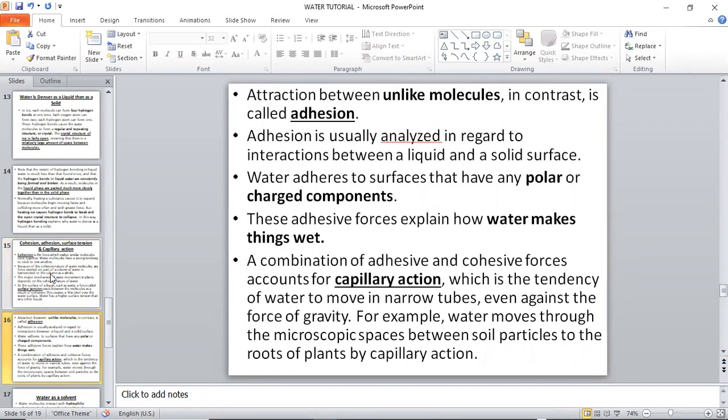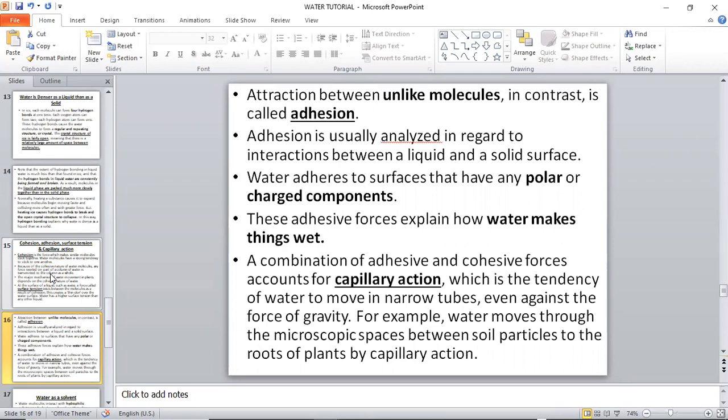For example, if you put water in a glass cup, the formation of the meniscus of water is explained through the force of adhesion. Adhesion takes place between the water molecules and the glass of the cup.